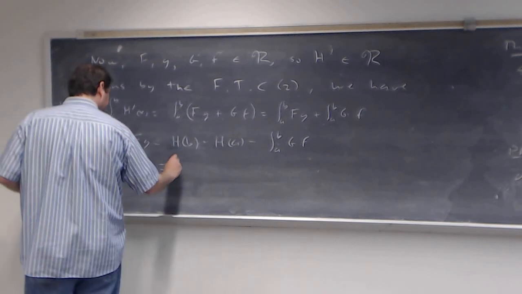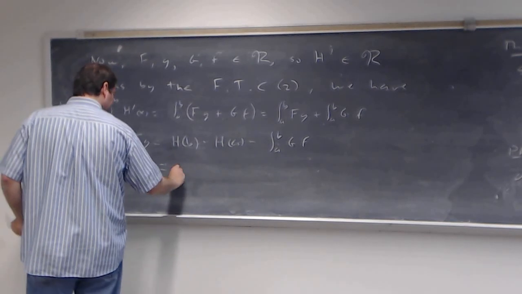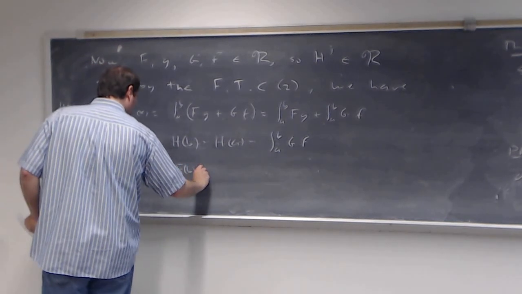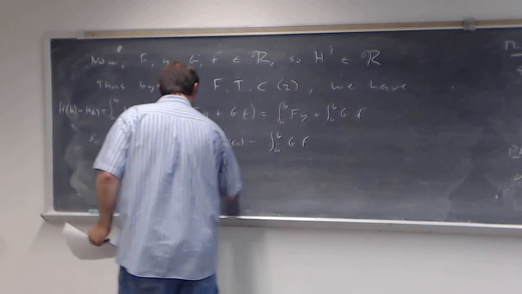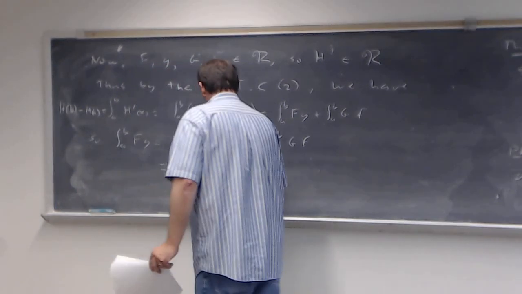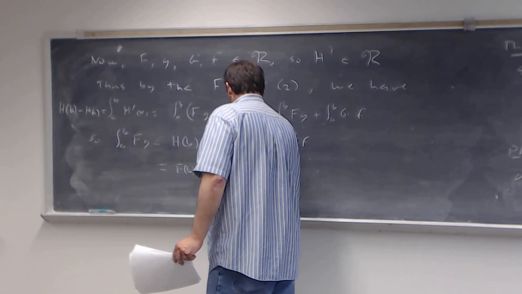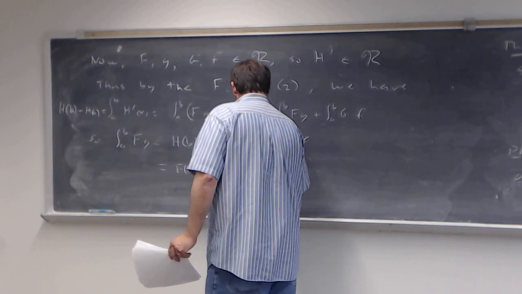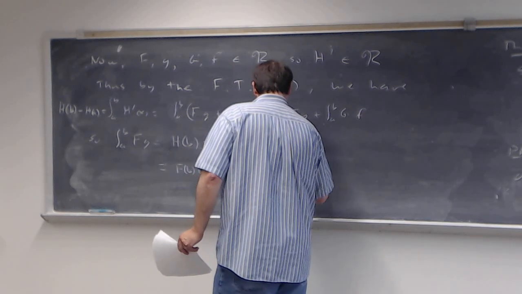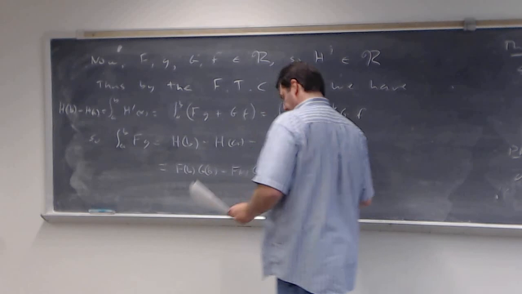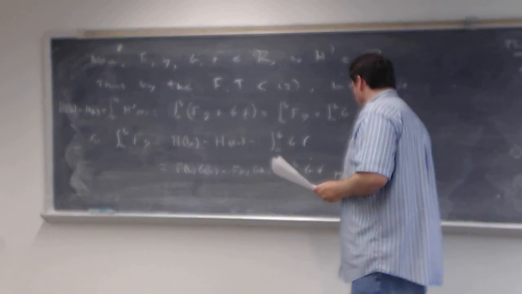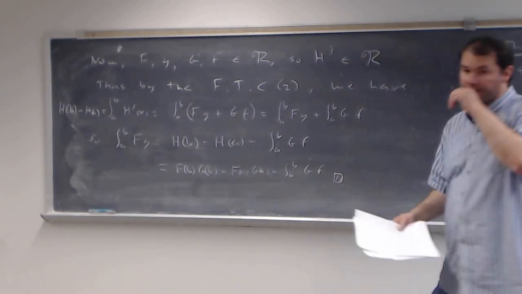And that's just equal to, well, h was the product, so this is big F of b times big G of b minus, again using the fact that h is a product of big F and big G, big F of a times big G of a minus the integral from a to b of big G times little f. And that's our conclusion of our theorem.